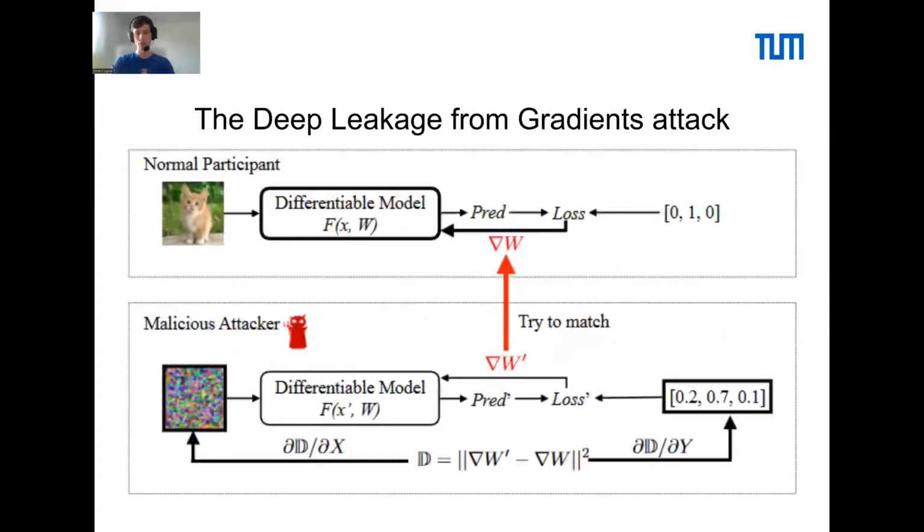The second attack that we test here is deep leakage from gradients. The idea here is that a client or the central server that has been compromised captures the gradient shared by another participant. This gradient corresponds to an image that the participant uses to train the model.